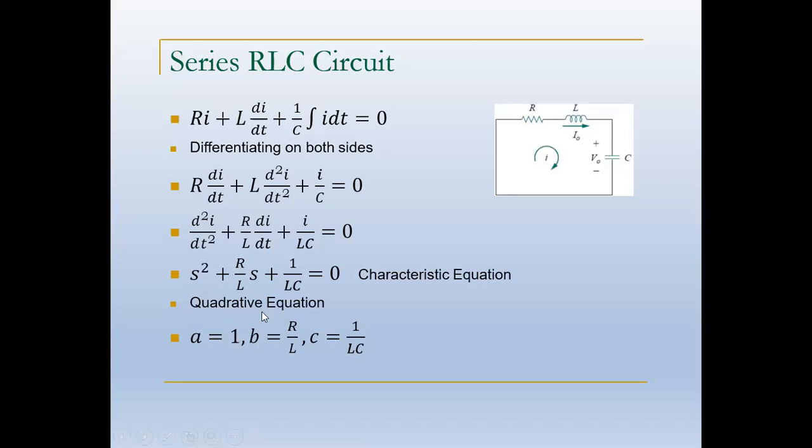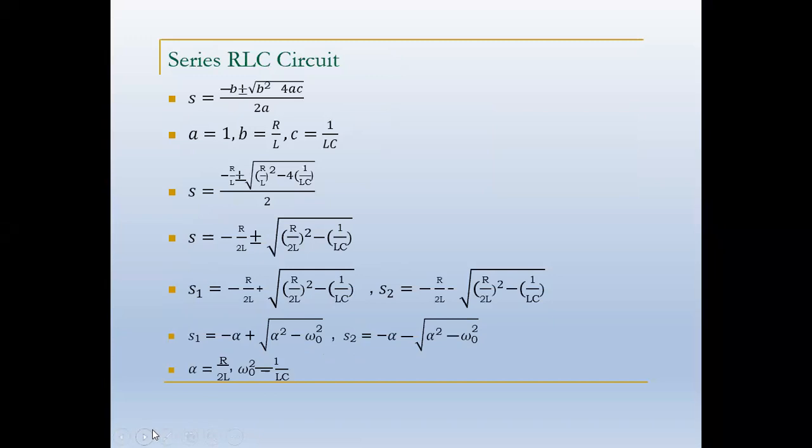So A is equal to 1, B is equal to R by L, and C is equal to 1 by LC. The roots can be defined as s is equal to minus B plus or minus the square root of B square minus 4AC, divided by 2A, where A is 1, B is R by L, and C is 1 by LC.